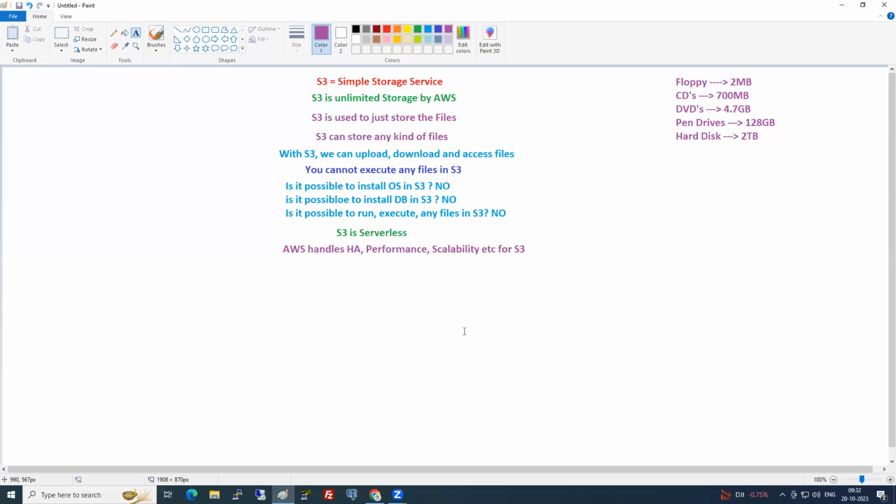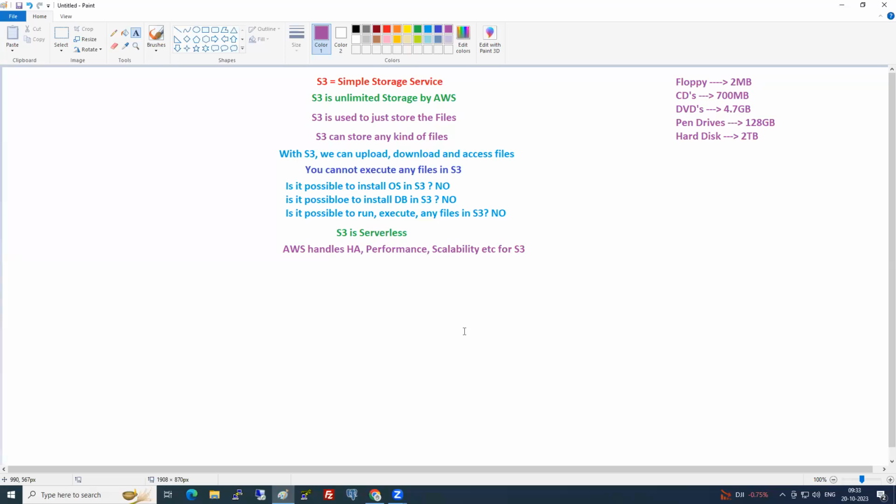Everything in AWS will start with simple and end with service. Say the service is storage, then the full form is simple storage service.